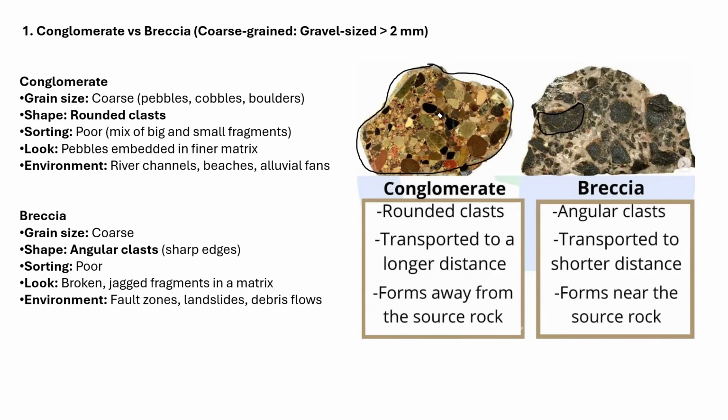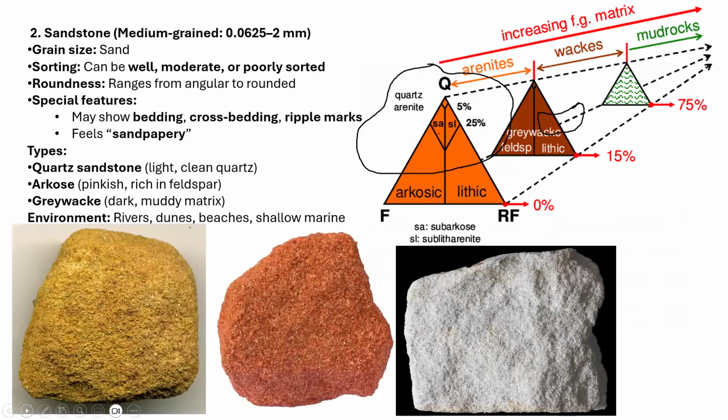And then another group of classification will be the sandstones. Like I said, if you haven't yet visited our video on classification of sandstones, you are more than welcome to do so. With sandstones, you can be talking about arenites, wackes, and mudrocks. For the detailed version of it, please visit our video on classification of sandstone.